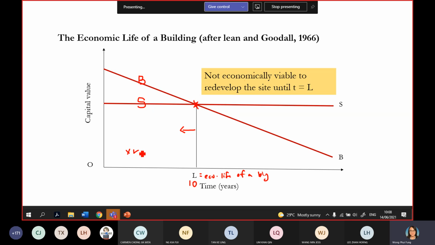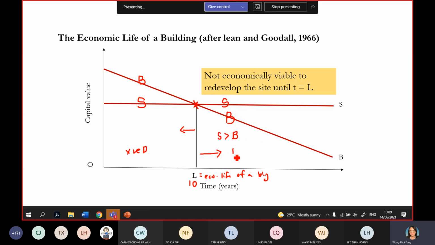So no need to redevelop, no need. However, after 10 years, you can see your site value starts to exceed your building value. Here, site value is more than building value.